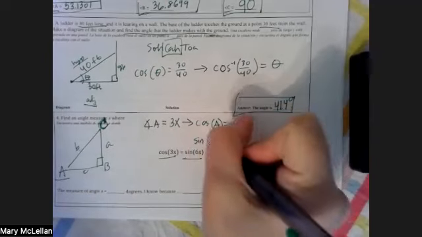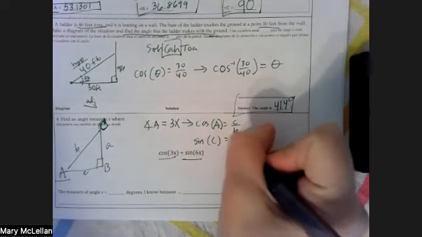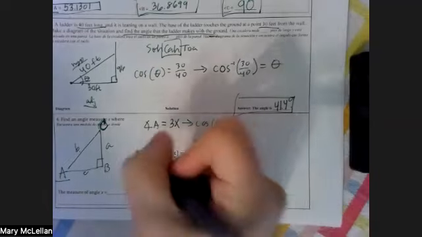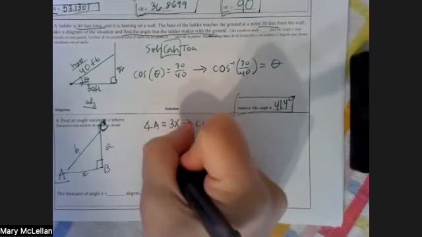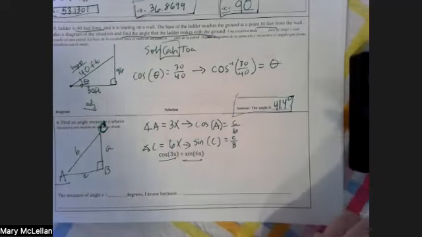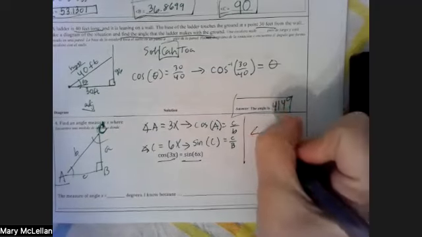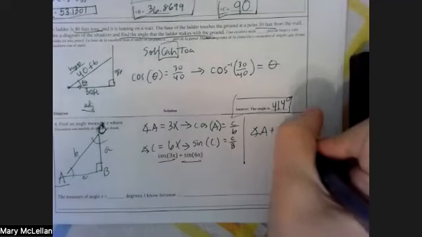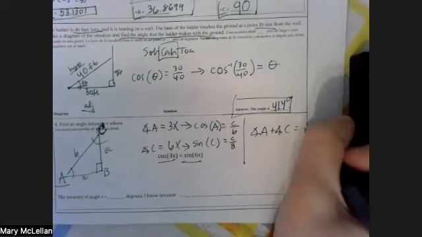In which case, sine of C would also equal C/B, and that would be angle C, and I'm going to let that be 6x. What I know about angles A and C is that they equal 90 degrees.